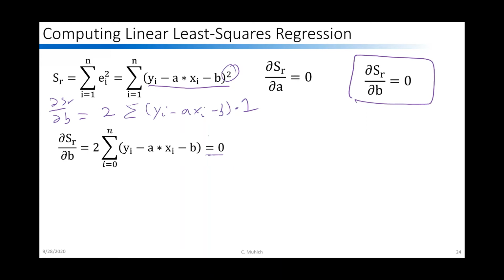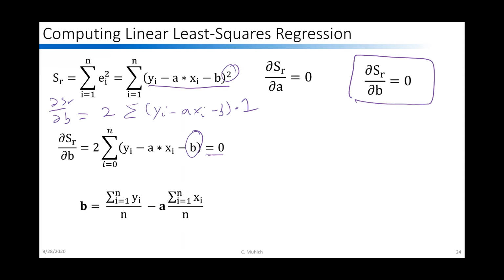Now I'm going to do the exact same thing, where this time I solve to isolate b on one side. And once again, I'm not going to go through all that algebra, but it ends up being the sum of yi over n minus a times the sum of the xi values over n.